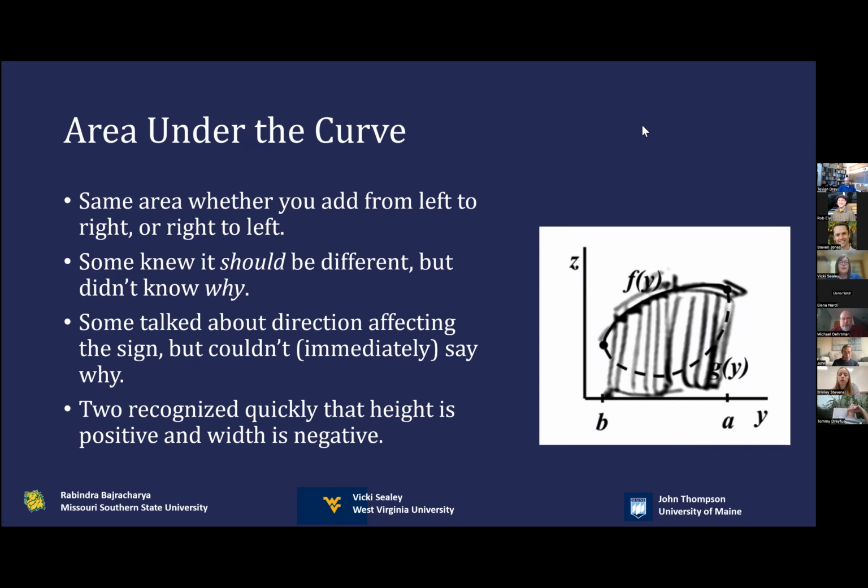And some talked about just direction, kind of on top of or outside of the integral, if you will, that if I go this direction, one's positive and one's negative, but couldn't really break it into the pieces that we wanted. Two students recognized really quickly that if I was taking the backward integral, I would have a positive height for the function we gave them, and the width would be negative.